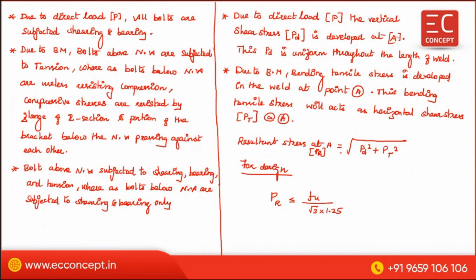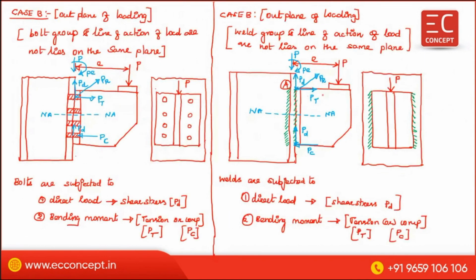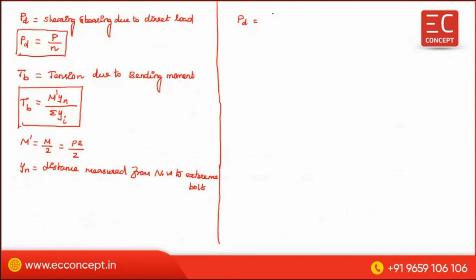Now we can write the calculation. What is PD? PD is calculated by the total force P divided by the area of the weld.